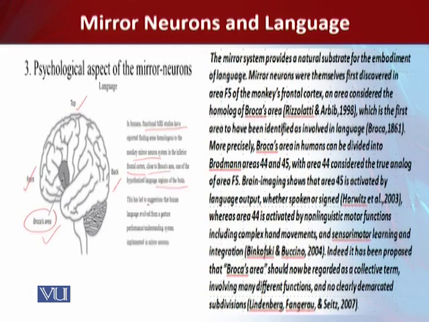This has led to the suggestion that human language evolved from a gesture performance understanding system implemented in mirror neurons.